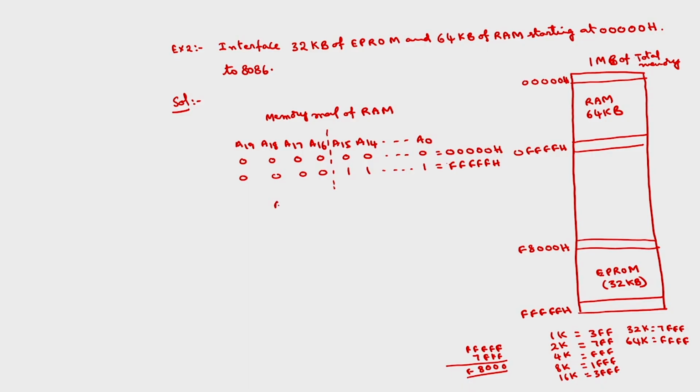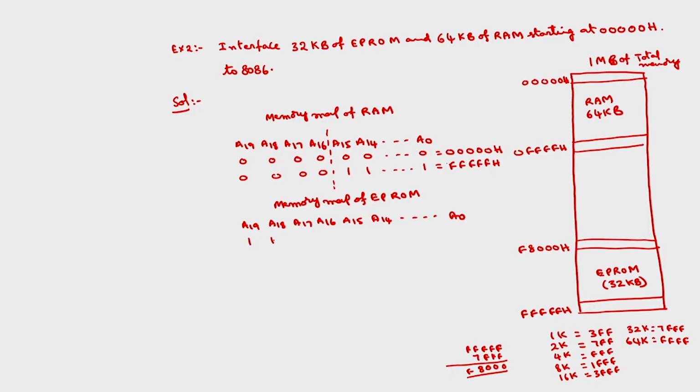Similarly, what is the memory map of the EPROM? A19, A18, A17, A16, A15, A14, and so on up to A0. Starting address is F8000H.